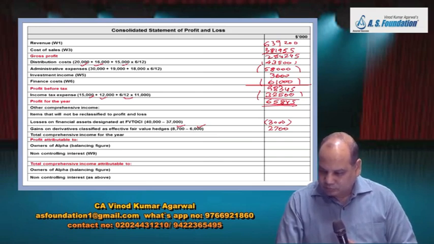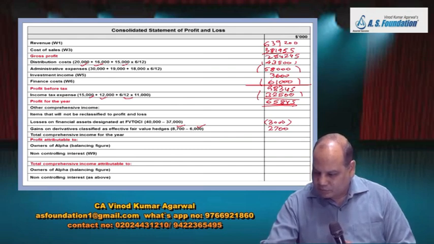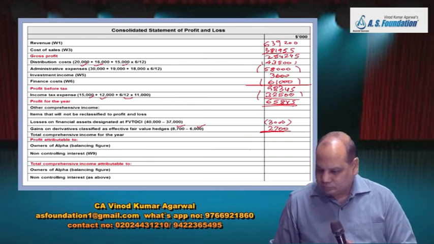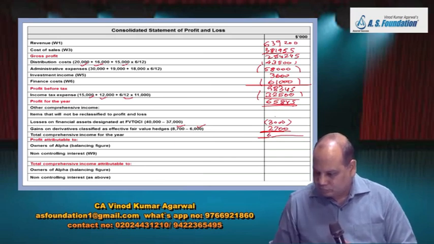And then minus 3,000 plus 2,700 will give me total comprehensive income for the year, 65,545.